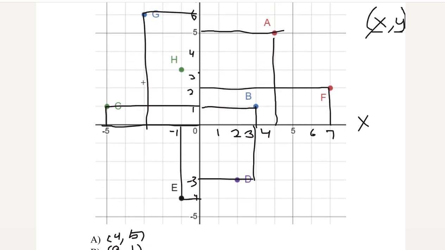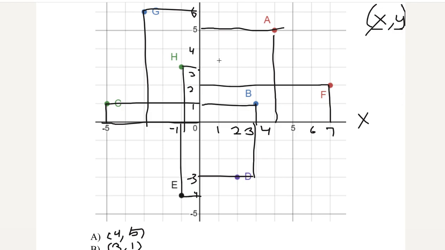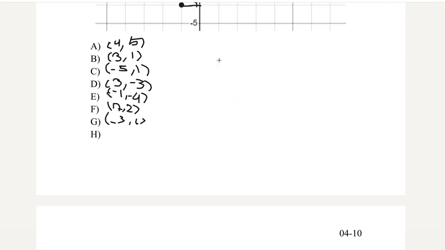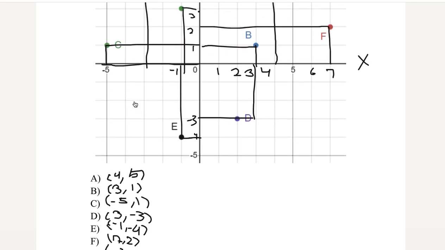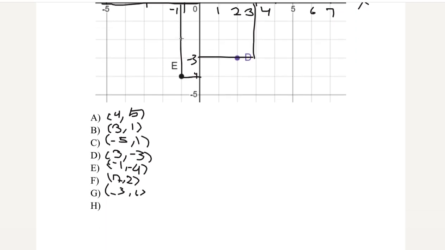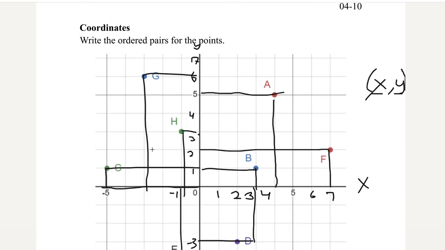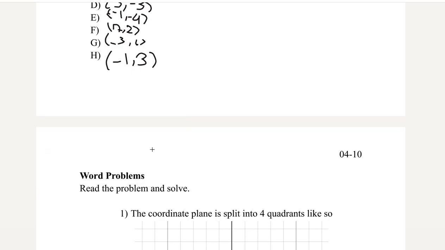Let's finish it off with H. You bring it down to -1, bring it across, and you get -1, 3. That's it for coordinate points, and then we're going to go on to some more problems.